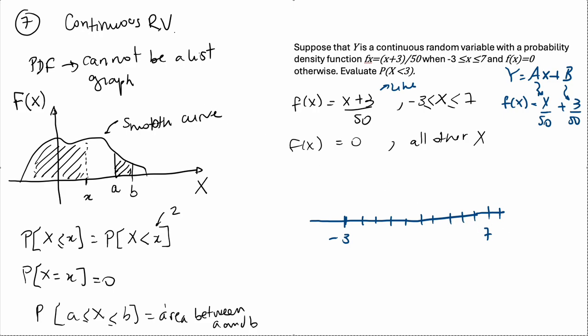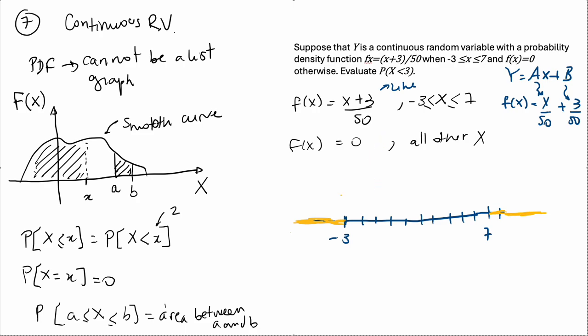We have a line, okay? And out of that range, my density function is 0. So my curve is 0 out of the range, okay? It values 0. And inside the range, it is a line, okay? So it is a line.